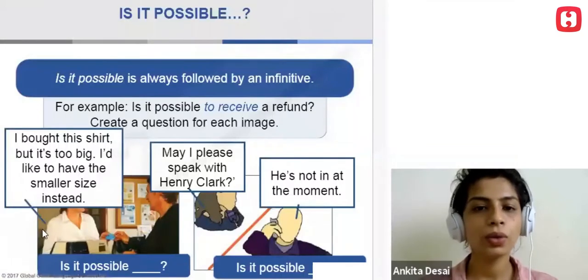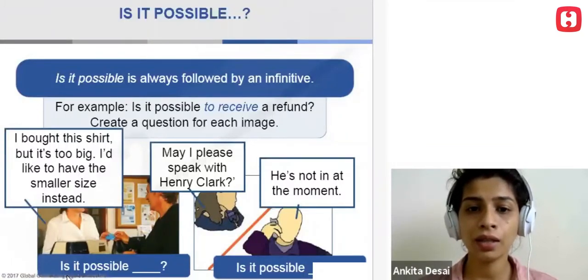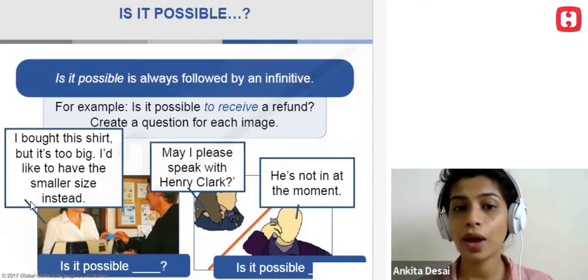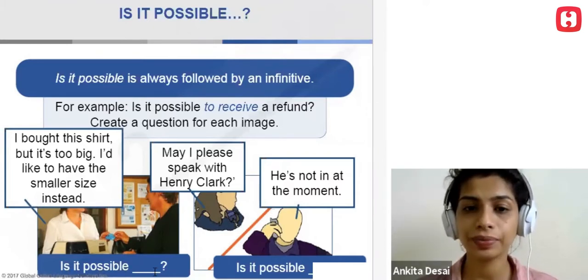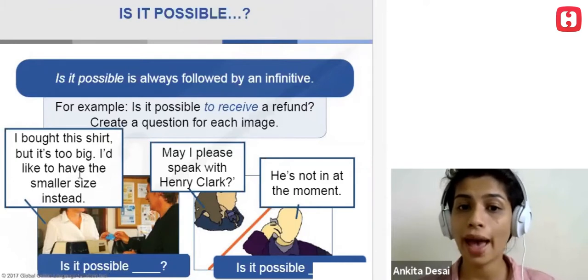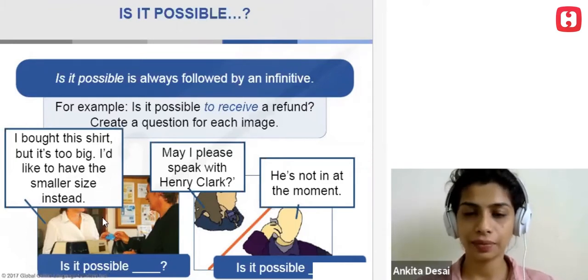Okay, so how will you say the same thing using is it possible? You can say, is it possible to have a smaller size?